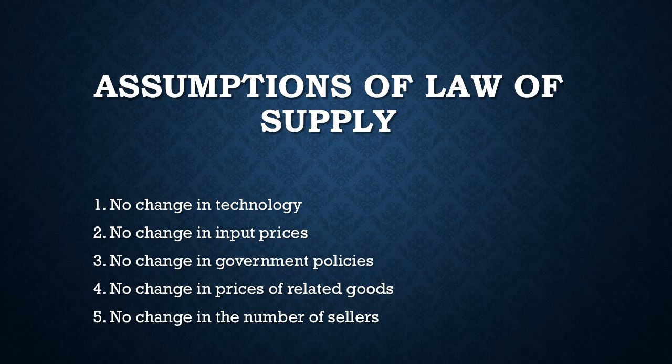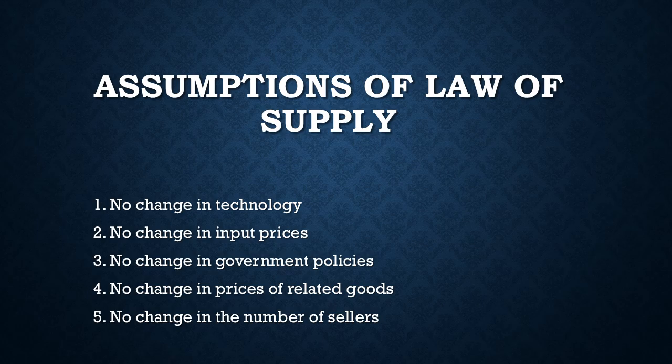Fourth one is no change in price of related goods. Prices of other goods that can be produced using the same resources should not change. If they do, producers may shift to more profitable goods.